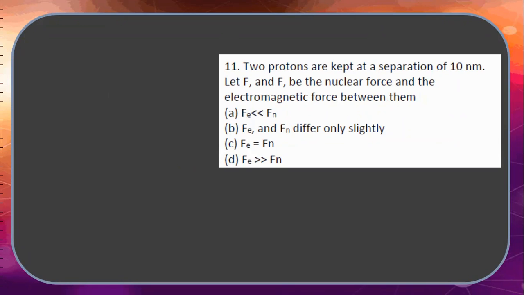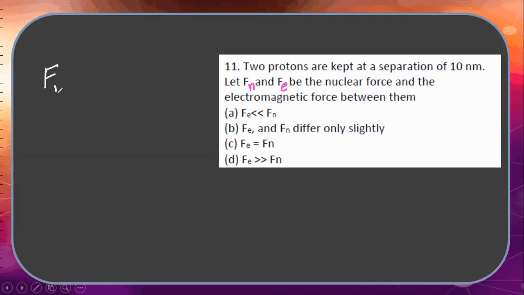2 protons are kept at a separation of 10 nanometers. Let Fn and Fe be the nuclear forces and the electromagnetic forces. Fe was a printing mistake. Gravitational forces are very weak.